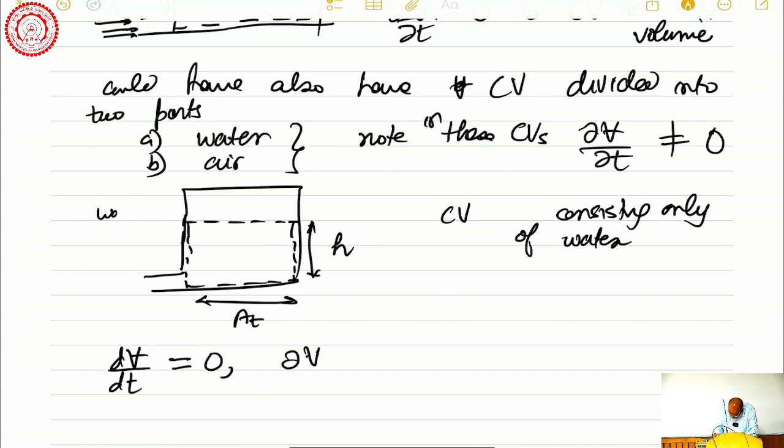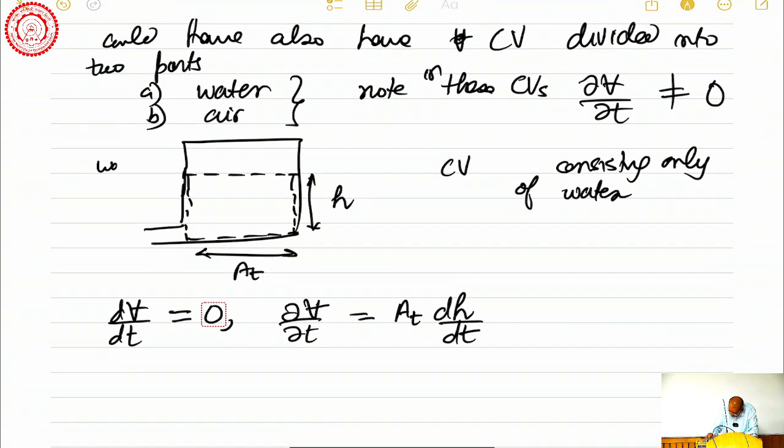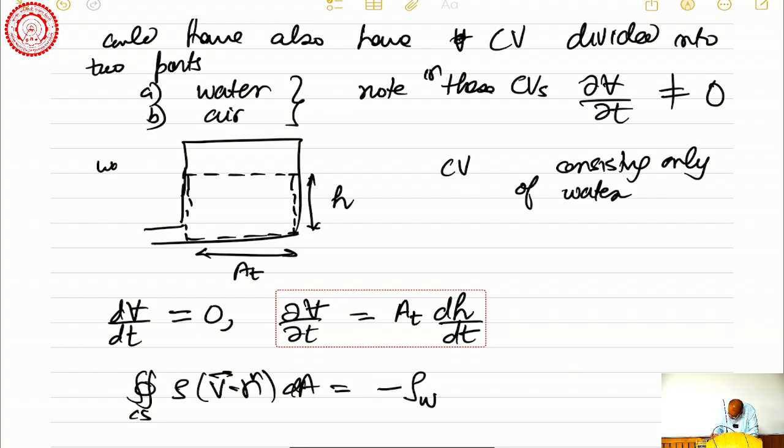Partial V by partial T is equal to AT times dH by dt, and the integral over the control surface rho V dot n dA will be equal to rho of water times this is V1, this is A1.